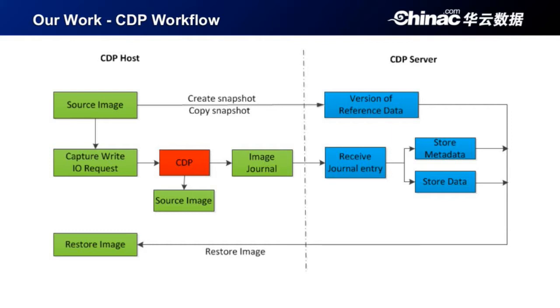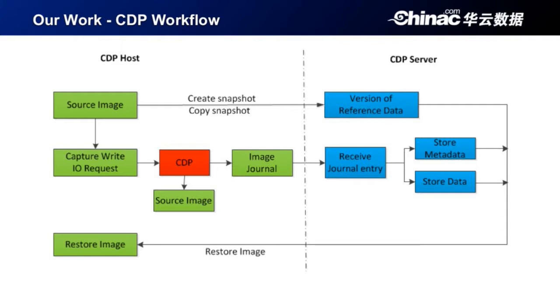It's divided into two parts. The left one is called the CDP host, which is responsible for storing the source image and capturing write IO requests. And the right one is called the CDP server, at which the version of reference data and every record about the write will be saved.